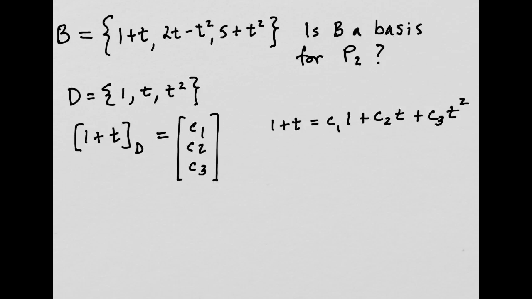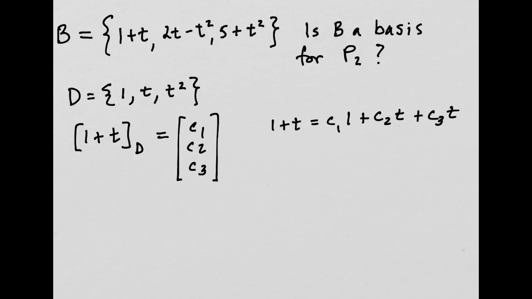Notice that 1, t, and t squared are the three vectors in D. So we could call those D1, D2, D3 if we wanted, but I just left them as 1, t, and t squared.